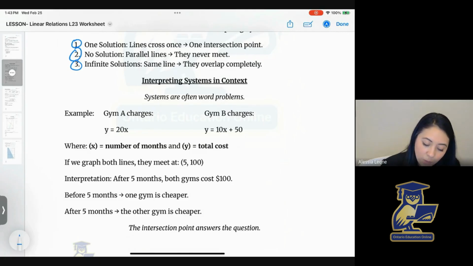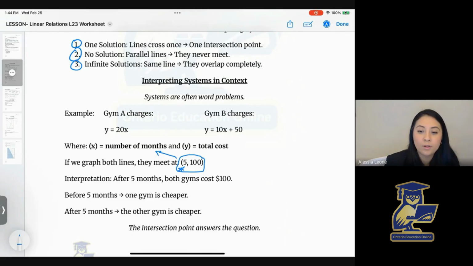If we graph both of these lines, they meet at 5, 100. They meet at this spot. So how do we interpret that? That means after 5 months, because this is X, and we know X is the number of months, both gyms cost $100.